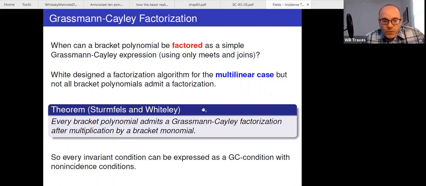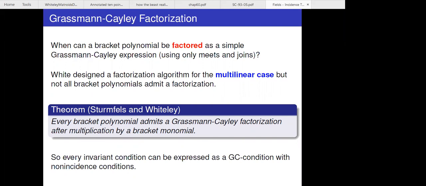So what we get is a way to express each of the bracket polynomials as an expression in terms of meets and joins, and that's equivalent to your geometric condition, as long as some collections of 3 points are not collinear. So essentially, every invariant condition can be expressed as a Grassmann-Cayley condition with non-incidence conditions as well.